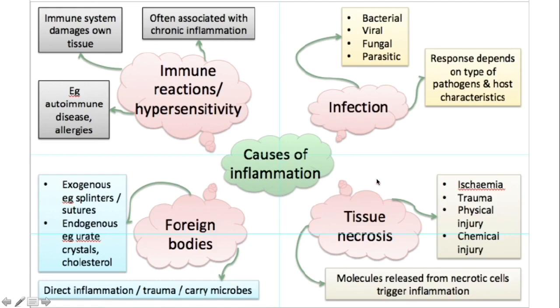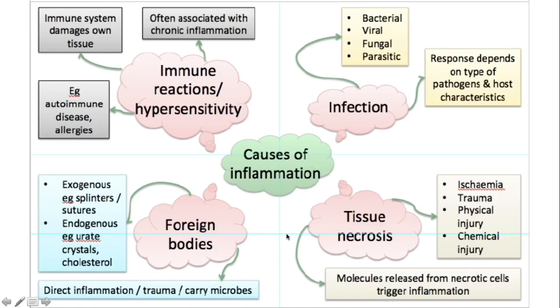It could also be due to tissue necrosis, which can be a result of trauma or some kind of physical or chemical injury. And it may also be due to the presence of foreign bodies, which may be exogenous, coming from outside, such as sutures or splinters, or endogenous, internal to the body, such as cholesterol or urate crystals.